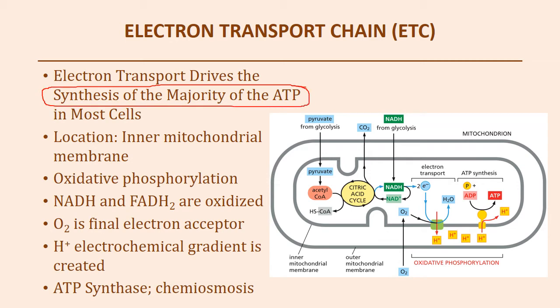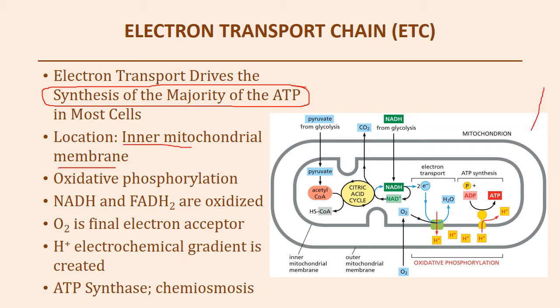On average, for a glucose molecule, your glycolysis will generate 2 ATPs, your citric acid cycle will generate 2 ATPs, and then your electron transport chain can generate between 32 and 34 ATP molecules. It really depends on what cell you're looking at. So by far, you get the most ATP from the electron transport chain. Its location is the inner mitochondrial membrane.